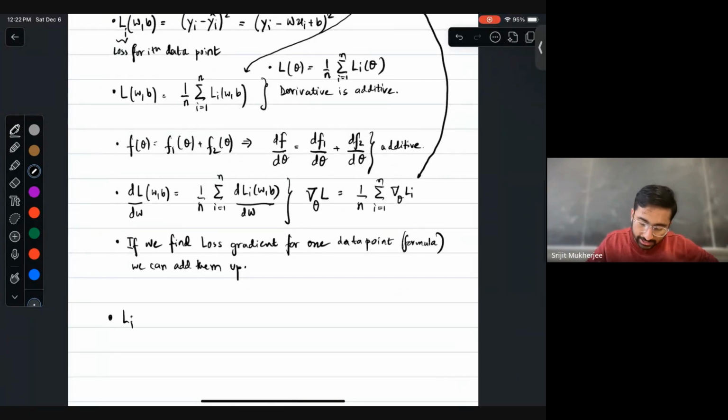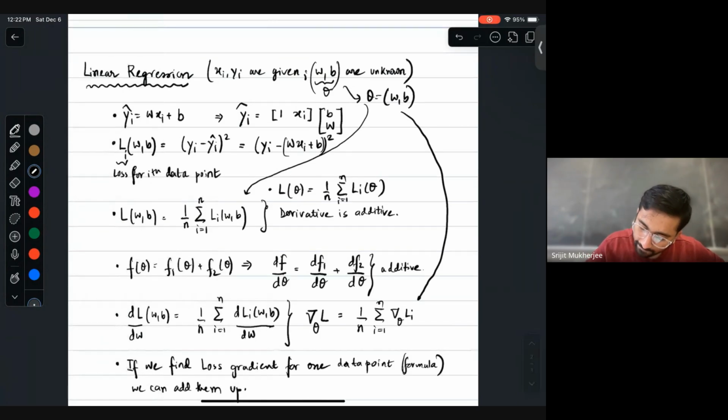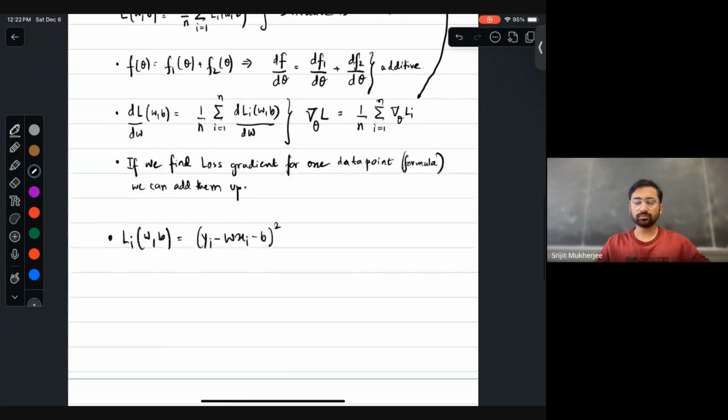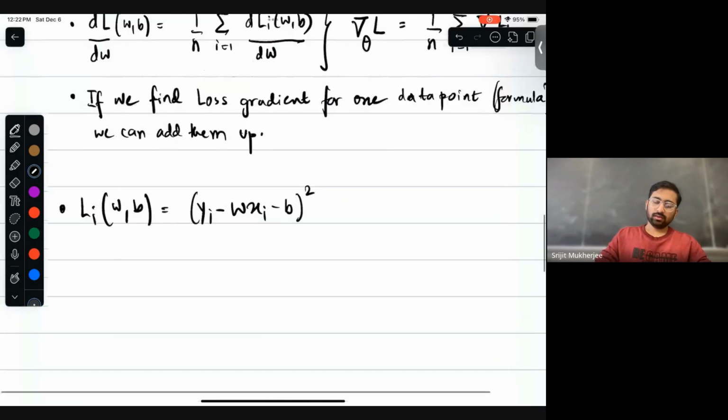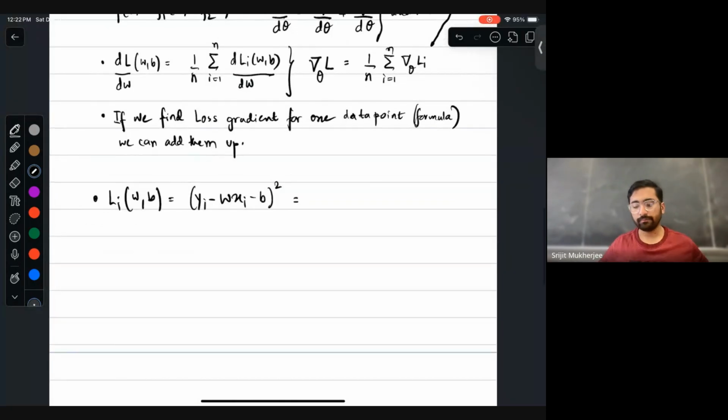Coming back here, we have Li of w comma b as a function of yi minus (w xi minus b), whole square.